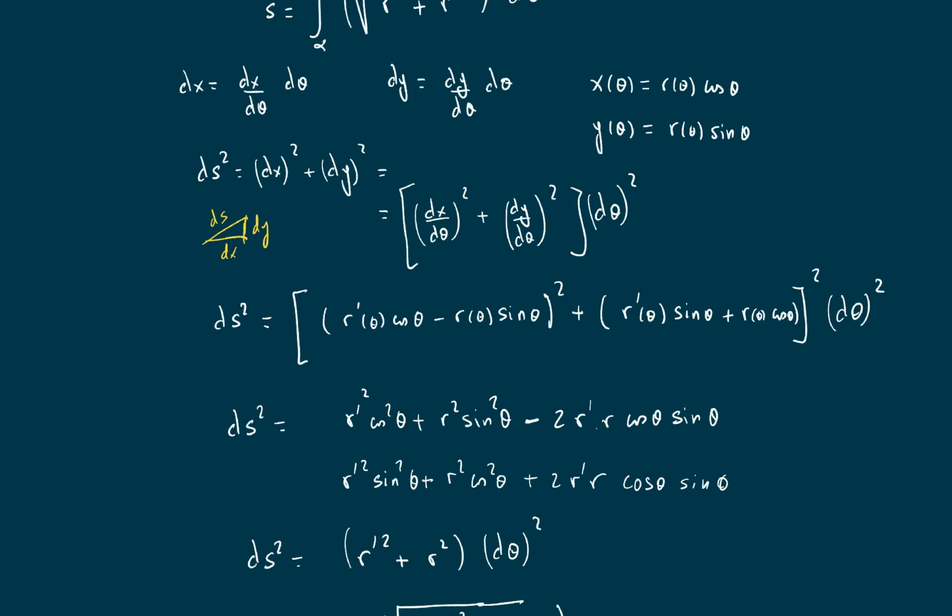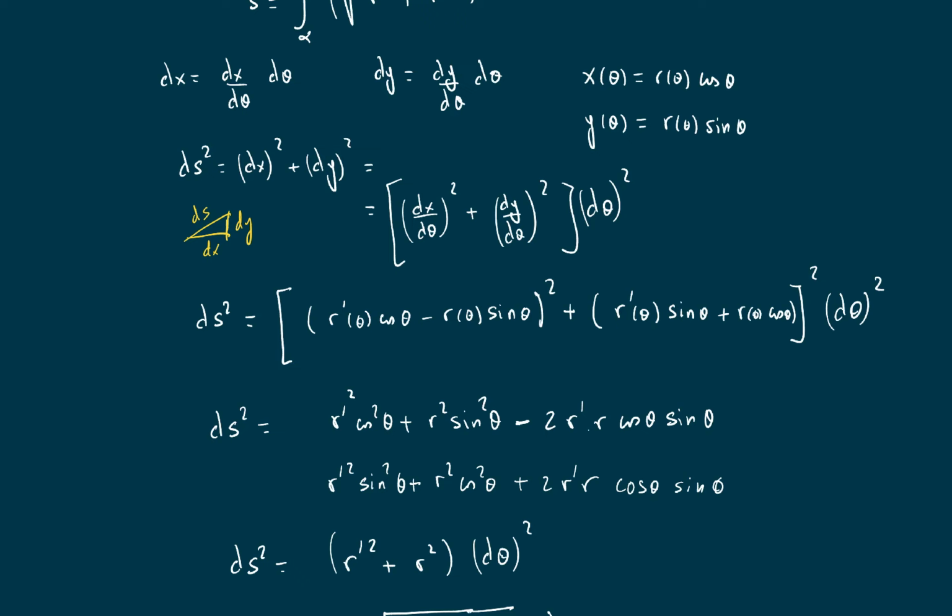And if you keep going with a little bit of algebra, you will find these three terms for the square of this, and these three terms for the square of this. The d theta squared will appear here, but when you sum this with this, it will be r prime squared cosine squared of theta plus r prime squared sine squared of theta.